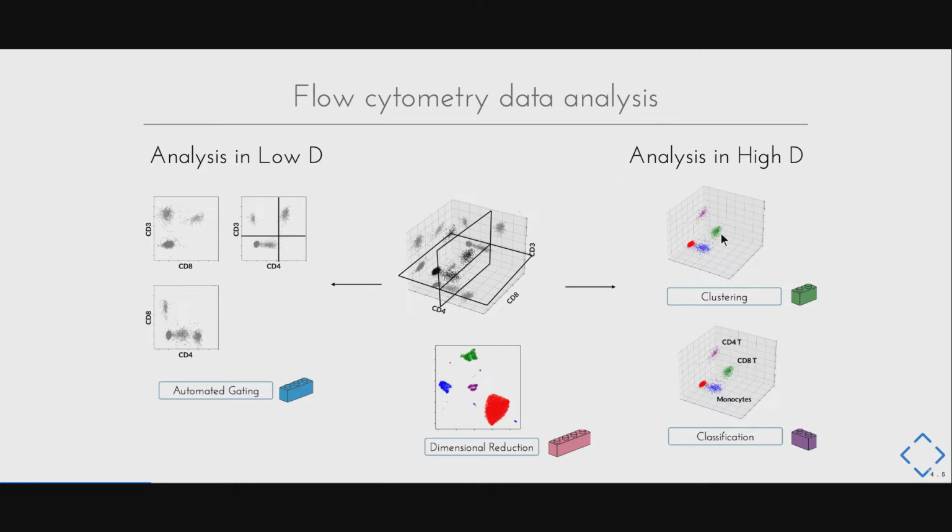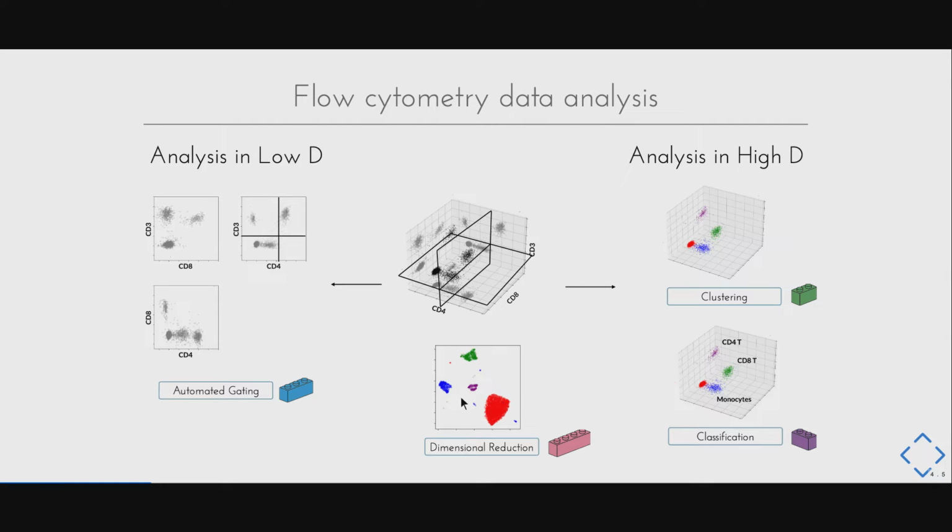Clustering groups data points. So we can cluster the data based on phenotypes into different groups of cells, represented by different colors. And with a classification algorithm, we can identify cell types in a group. So here we can identify CD8 T cells, CD4 T cells, monocytes, and B cells. An intermediate method, which is gaining popularity recently, is called dimensionality reduction.